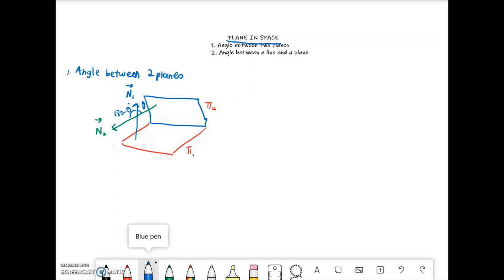Or if I show you in terms of 2D perspective, this will be our plane 2 and this will be our plane 1. Then our normal vector of plane 1, which is n1, is like this, and our normal vector of plane 2 will be something like this.